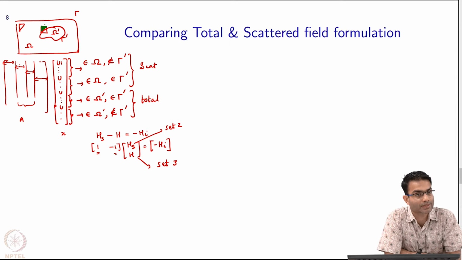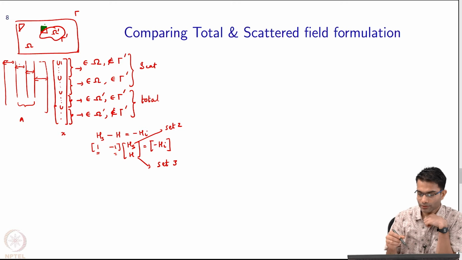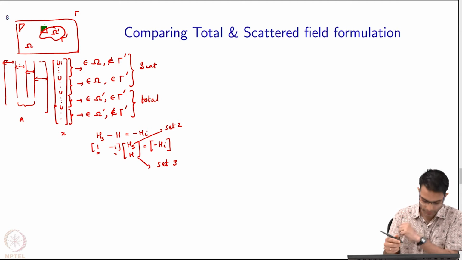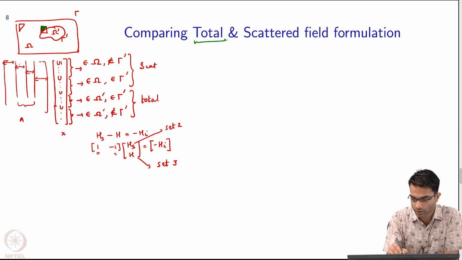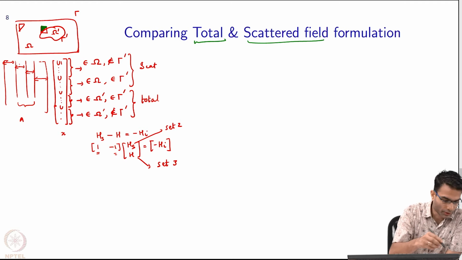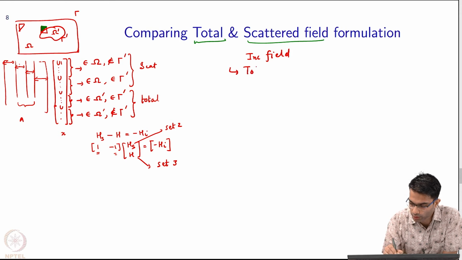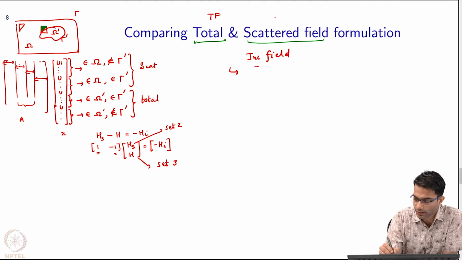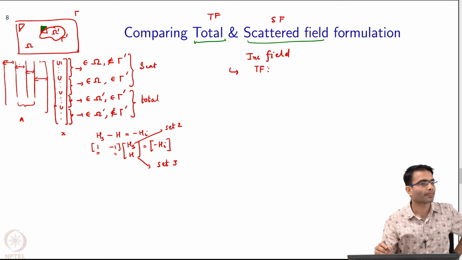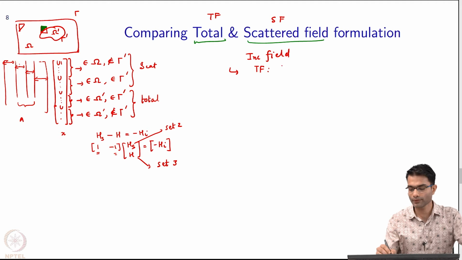So, what has happened is the incident field, right. Now here we can get into the comparison between the total and the scattered field. Let us call it total field TF and scattered field SF. So, in TF, where did the incident field appear?